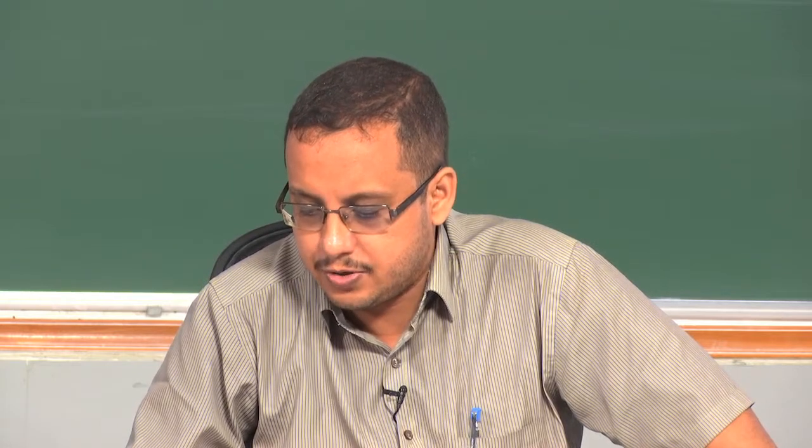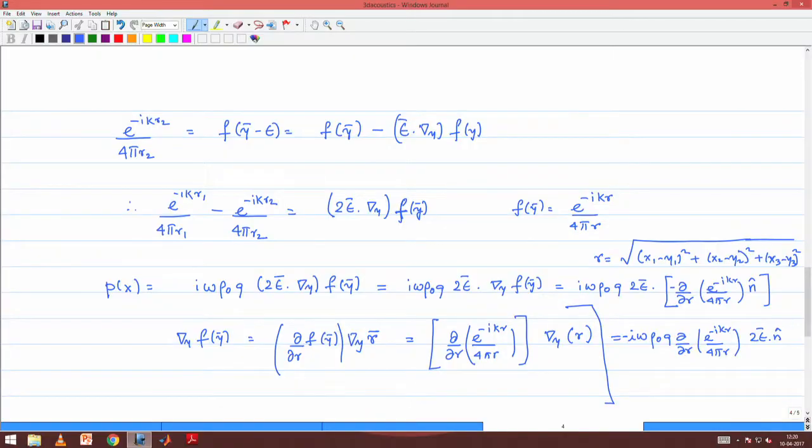This derivation is slightly more general, because if you have multiple dipoles, then there is no way that you can align your coordinate axis to each of those dipole axes. You rather work with one fixed coordinate axis and have expressions associated with each dipole. So, here this expression serves that job. It just uses multivariable calculus, and a little machinery from vector calculus is also used in this derivation, but the final answer is this: the pressure at any field point is given by i omega rho 0 q del r of e to the power minus i k r by 4 pi r with a negative sign popping out, and there is a directivity term captured through 2 epsilon dot n.